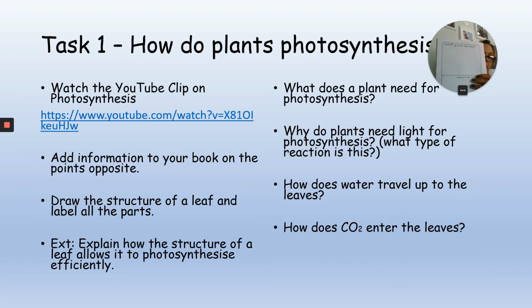The other side here, you're going to do a practical or do a practical online, and you can put some results or diagrams here. And the last box is all about how the plant actually uses glucose, and also linking into how seeds germinate and where the energy comes from to allow them to grow roots and shoots to get out of the ground. Okay, so pause this video here for a second, complete the tasks, and then come back for the next bit.